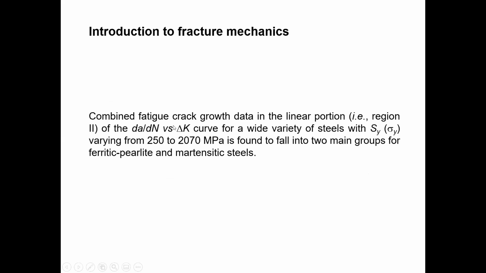Combined fatigue crack growth data in the linear portion, that is region 2, I told you, of dA by dN versus delta K curve, for a wide variety of steel with the yield strength, or yield stress, varying from 250 to 2070 megapascal, was found to fall into main groups for ferrite-pearlite and martensite steel.